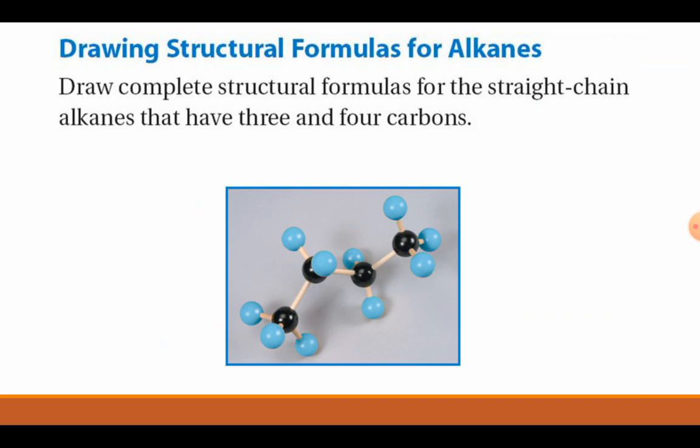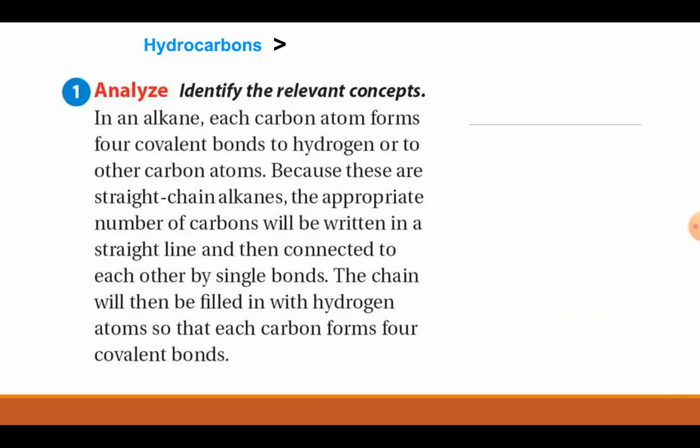Drawing structural formulas for alkanes. Draw a complete structural formula for a straight chain alkane that has 3 and 4 carbons. Let's see how we can draw them. The steps are given here. In an alkane, each carbon atom forms 4 covalent bonds, to a hydrogen or to other carbon atoms.